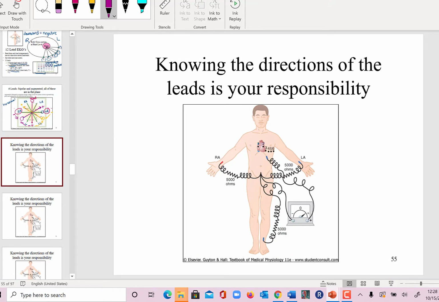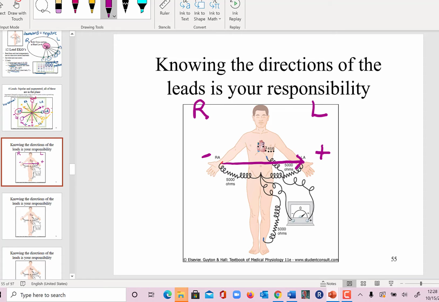Let's do it again. I'm going to put 2 vectors on each of these next 3 slides. This is the person's right, and this is the person's left. For lead 1, the right arm is held negative, the left arm is positive. Lead 1 points straight across the chest from right to left.